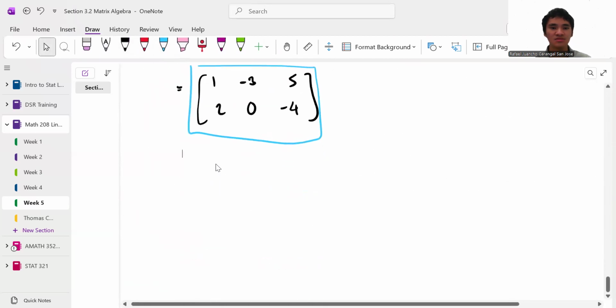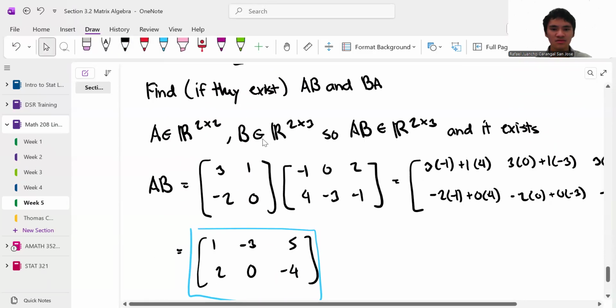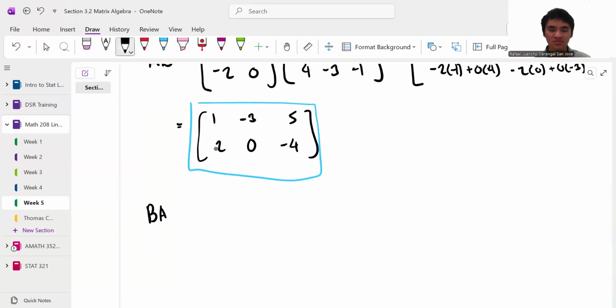So that's AB. Now we look at BA. Now for BA, what we want to happen is that the number of columns of B should be the same as the number of rows of A. But that's not true.